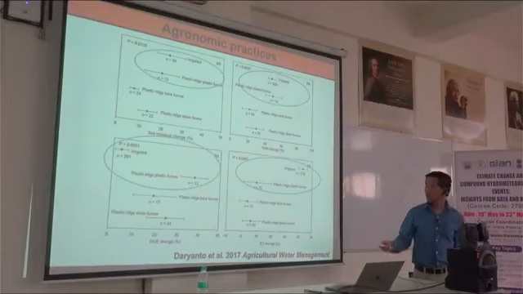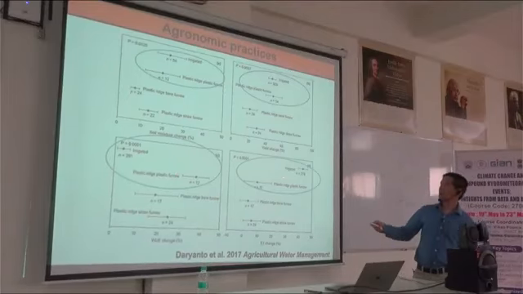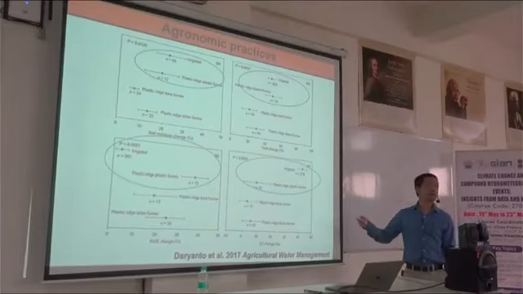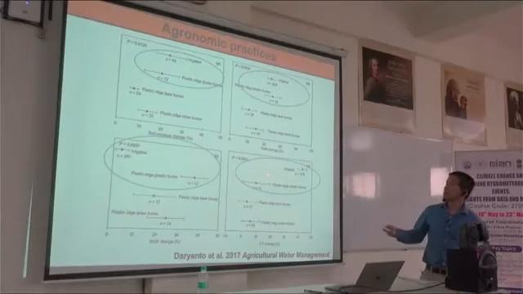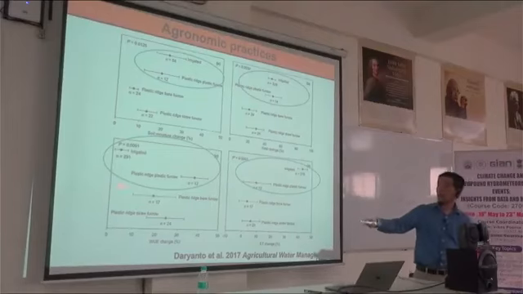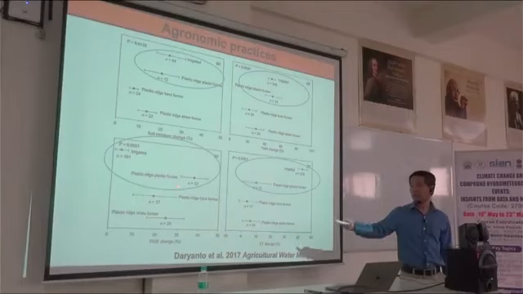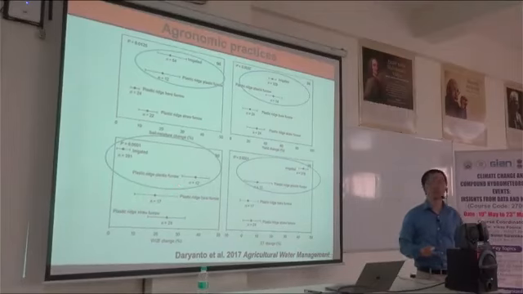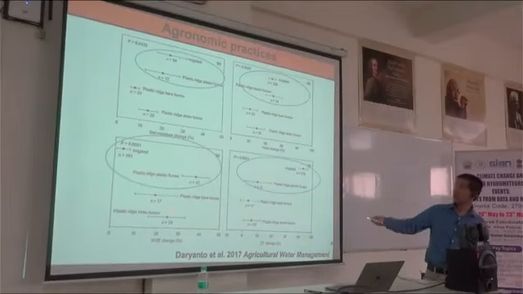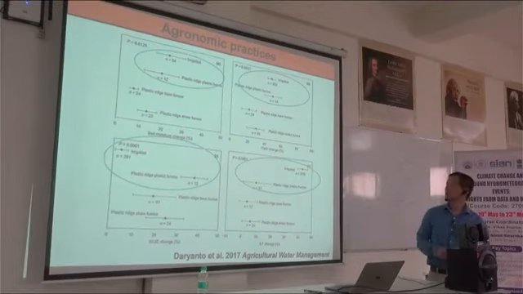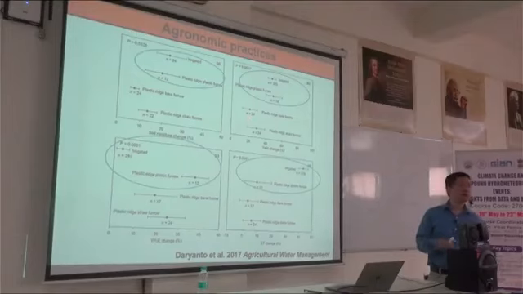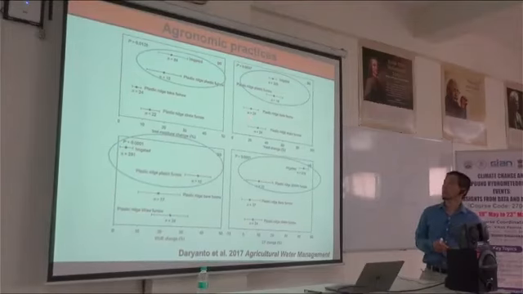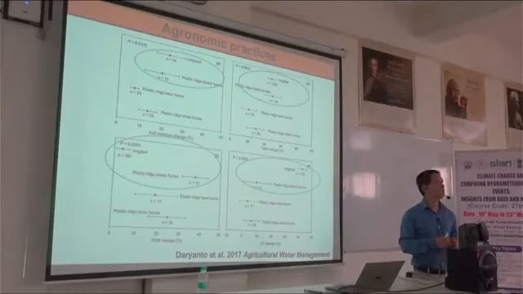When you look at the ET part, the irrigated treatment has a very big ET loss, and the plastic mulching has a very small one. As a result, water use efficiency is much higher for plastic mulching, because water use efficiency is yield divided by ET. So from the water perspective, the mulching treatment is very effective.